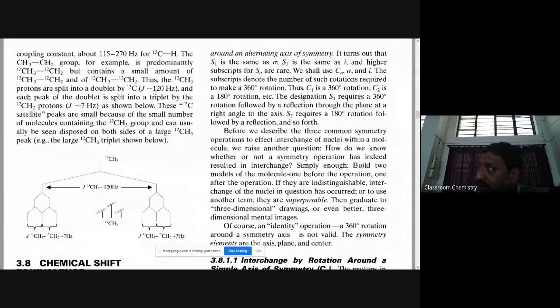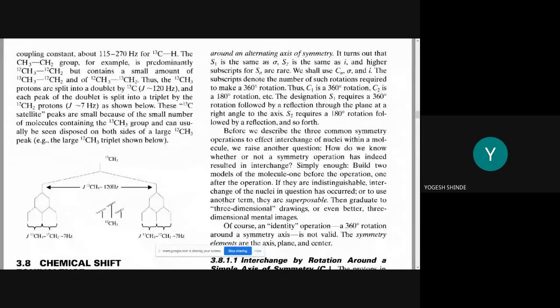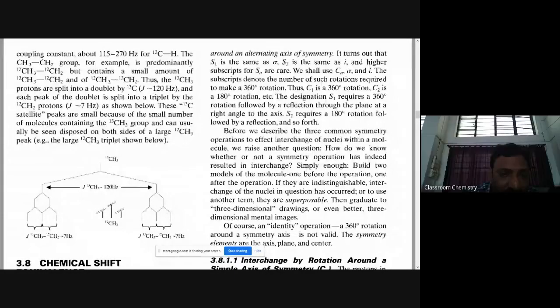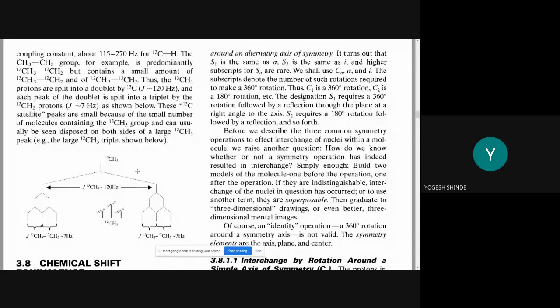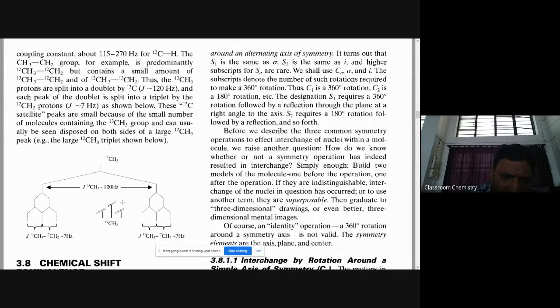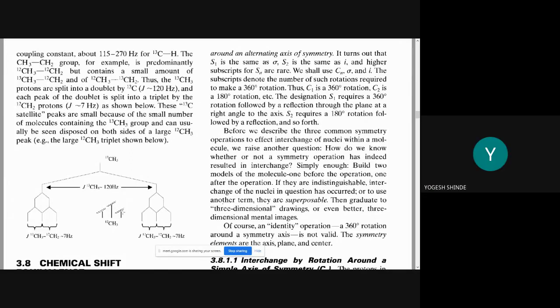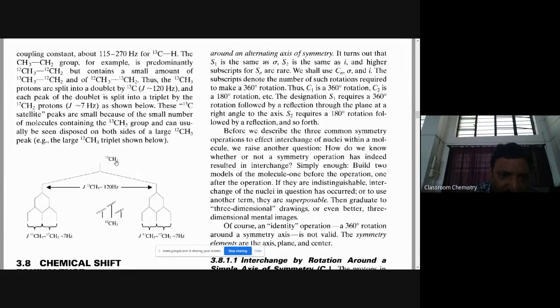Yes, you understand? If you see here, CH3 C13 is there, then what happened? There is a J coupling constant value.